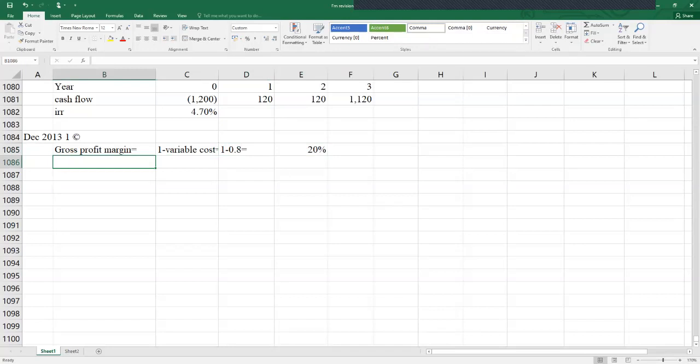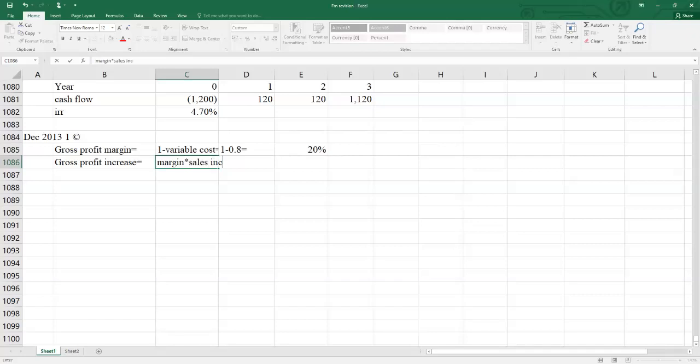Since they are increasing sales by 10 million, they'll be increasing gross profit. So the next step is to get the gross profit increase. It will be equal to the margin multiplied by the sales increase.